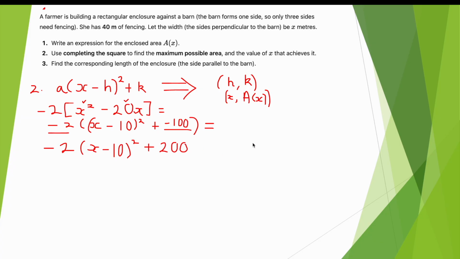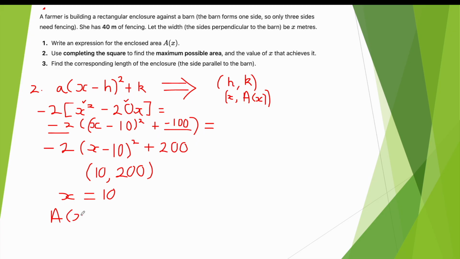So if we were to write this formula into the maximum coordinates, which is (h, k), all we would do is take what h is, which is going to be 10, because we take whatever this is and we change the sign. And then we're going to take whatever this number is here, which is 200. So that basically tells us that at the value of x equals 10, we are going to get a maximum area of 200.